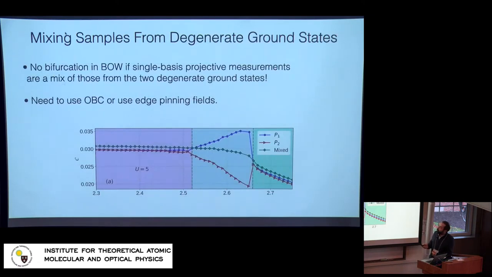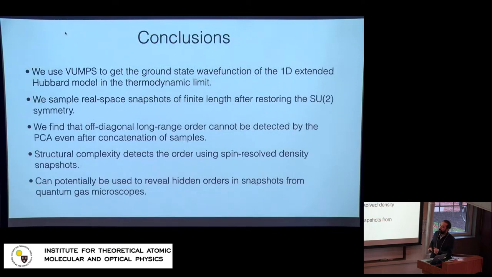This idea of not mixing your samples from these 2 degenerate ground states is really important, and this really shows that importance: if you do a sampling with equal mixture from these 2 ground states, you don't get any interesting behavior, at least not for this important first transition. But again, this is not really an issue if we want to connect that to experiments.